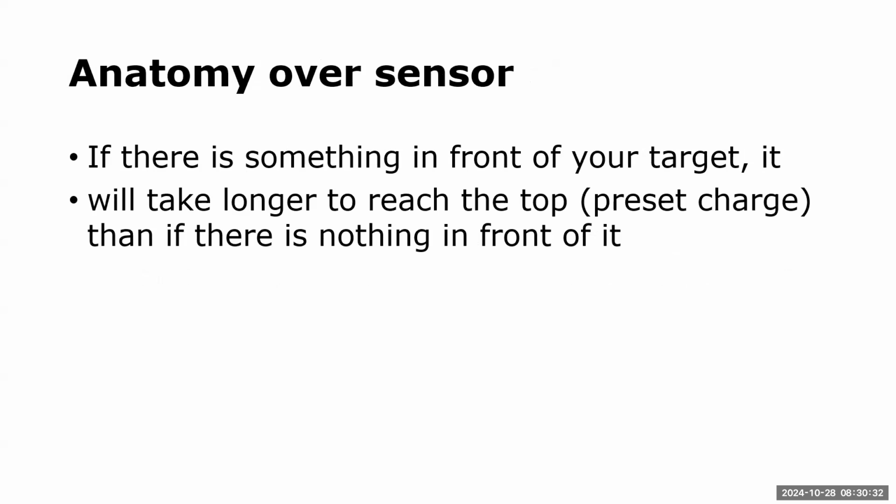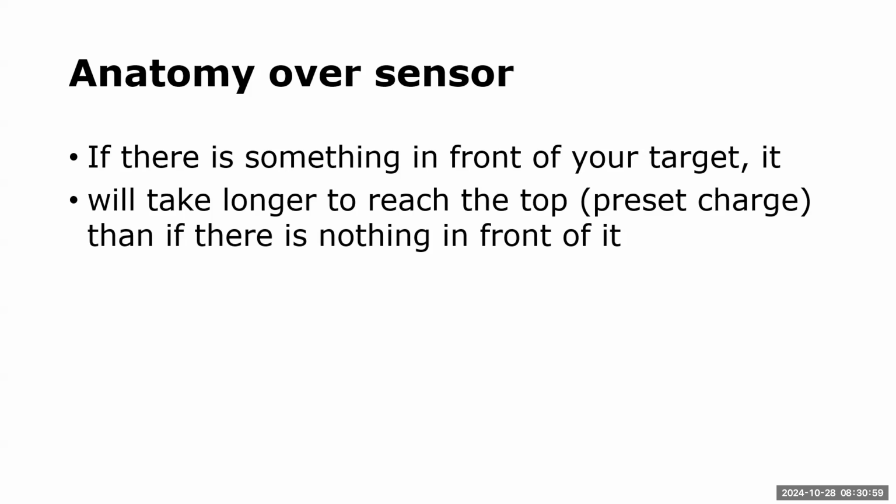So again, if me and one of y'all are battling out, trying to see who can win this race, and something is put in front of my target when I'm shooting the water, is it going to take me longer to reach the preset charge than if there's nothing in front of the target? Yes. So think about that as being anatomy.